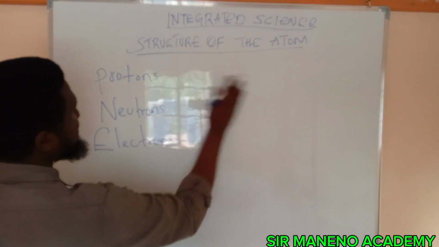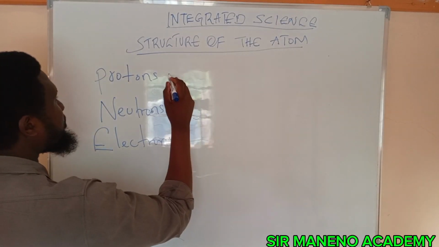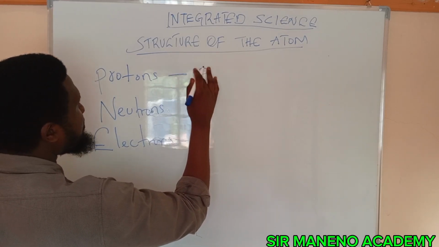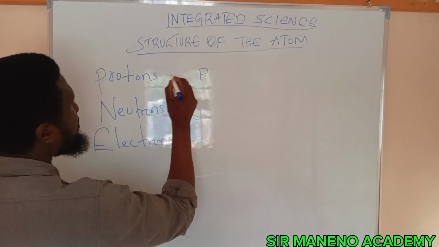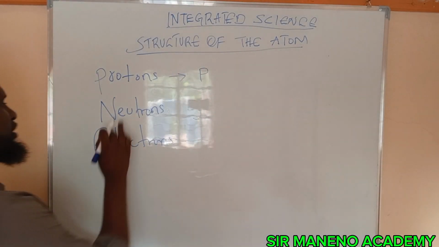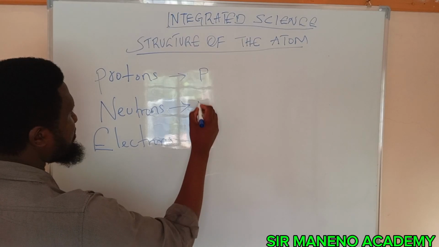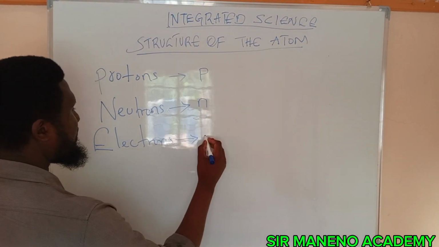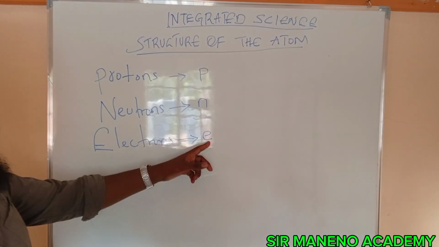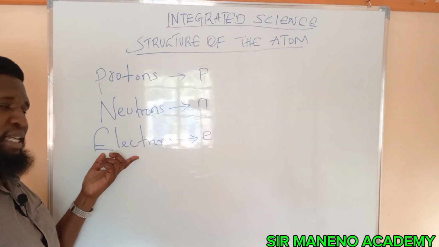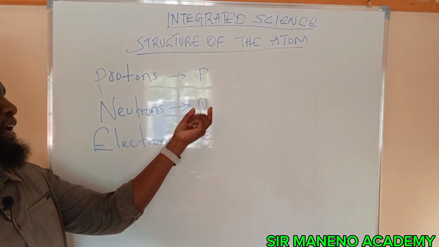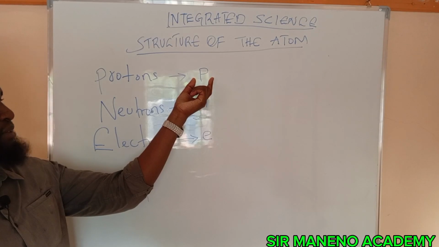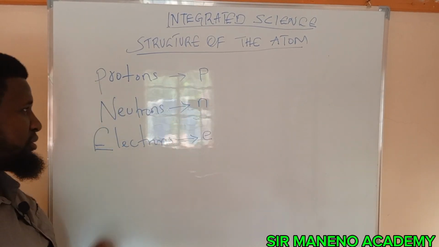There are symbols which represent these subatomic particles. So protons are represented by a small p. Neutrons are represented by this symbol, which is small n. Electrons are represented by small e. So whenever you see this symbol, this symbolizes an electron. Small n symbolizes neutron. And then this small p symbolizes a proton.